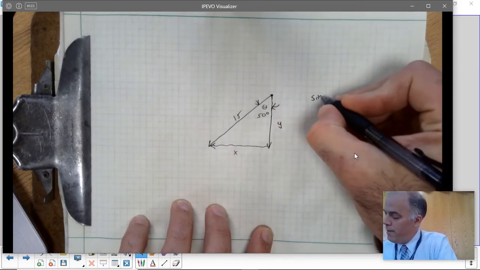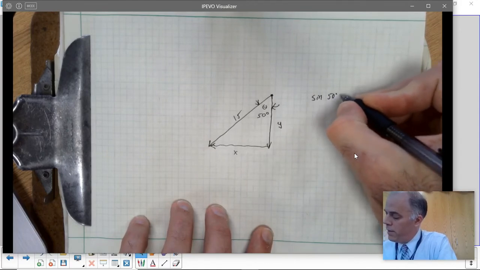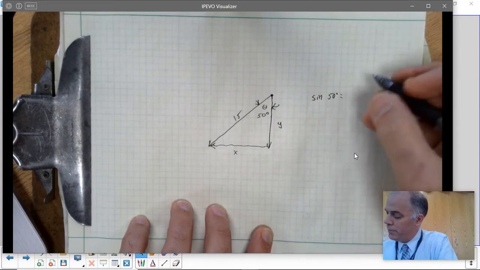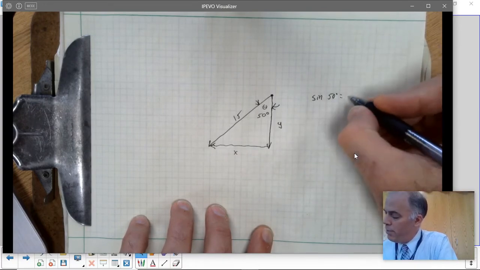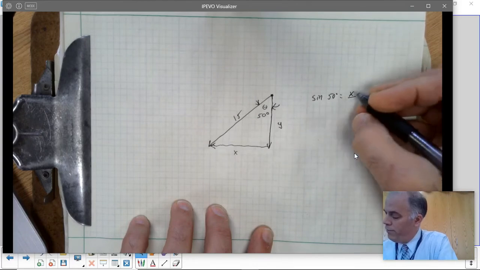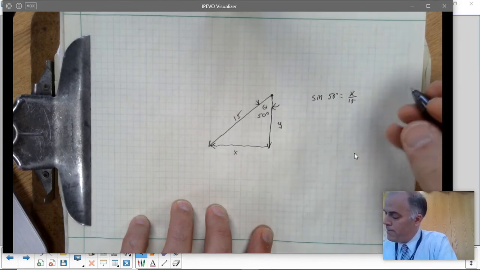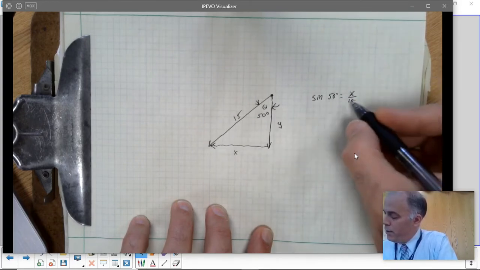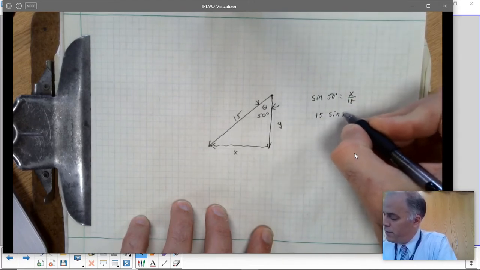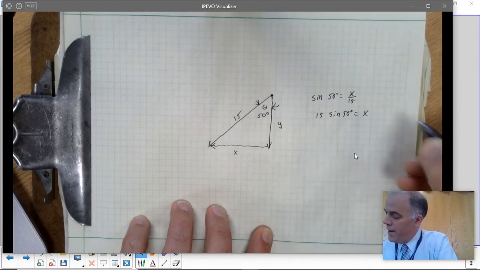So we're going to do both. The sine of 50 degrees is equal to the opposite over the hypotenuse. So that's going to be x over 15. And then we can break that down into 15 times the sine of 50 degrees is equal to x.